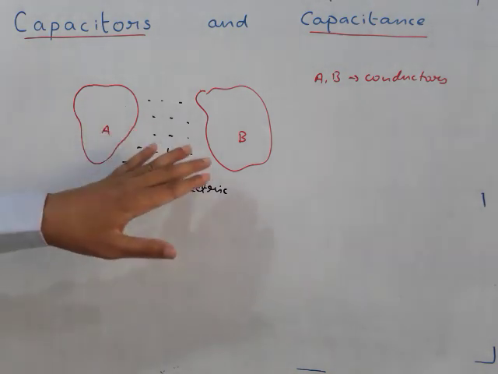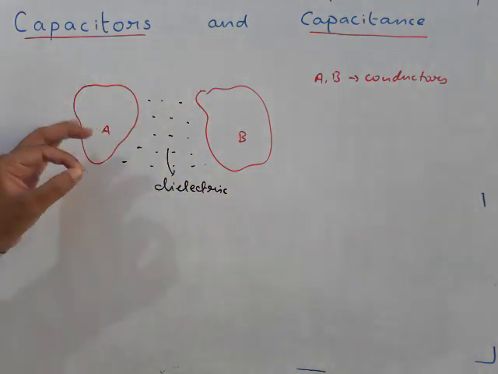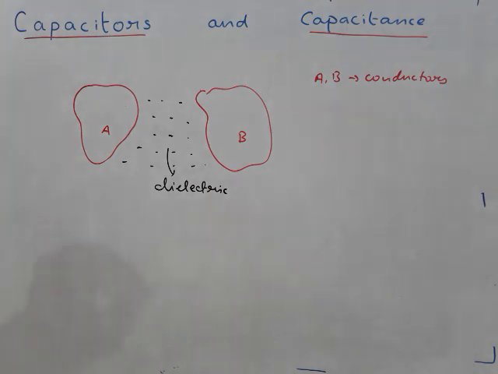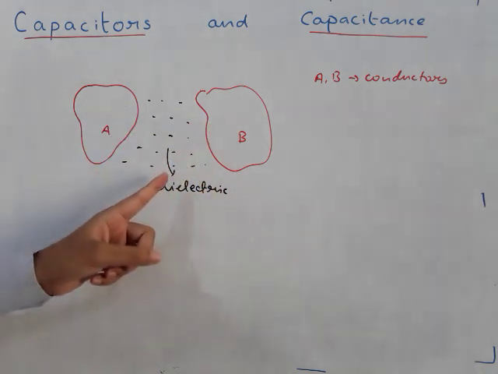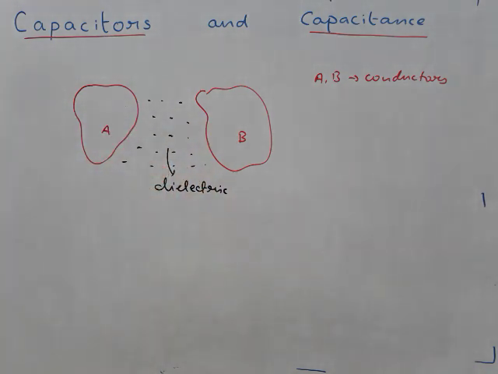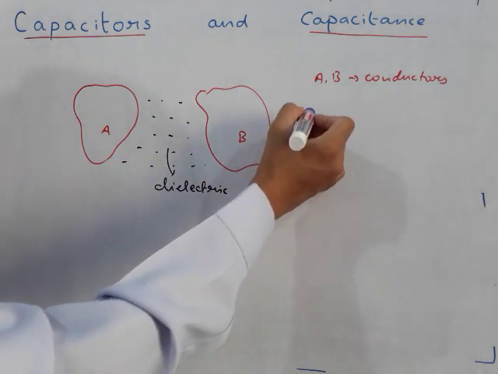What you see on the board, this figure is a schematic representation for a capacitor. So how do we define that? A capacitor is a system of two conductors separated by a dielectric. So this definition you can write as the definition for capacitors.